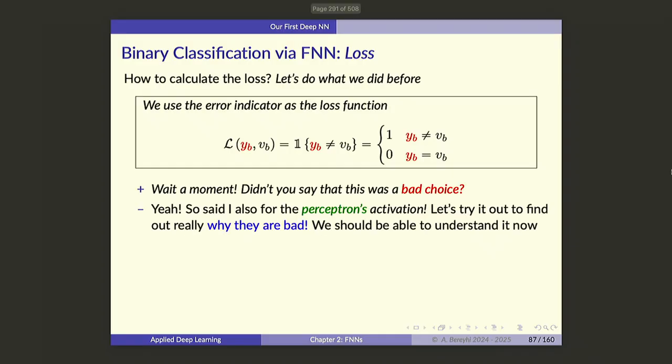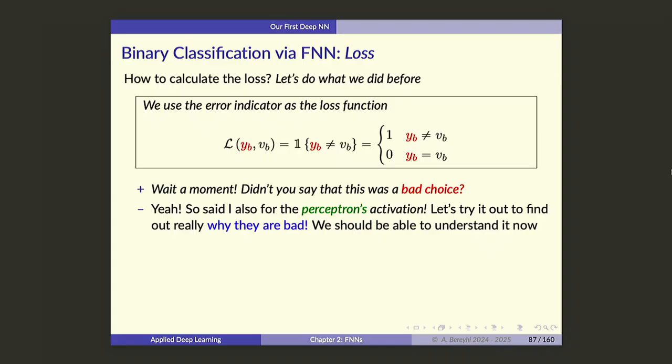So this is my activation. And once I have the activation, we can just do the forward pass and backward pass to compute the gradient and do the update, right? If you remember when we started with the perceptron machine, I told you that choosing this loss or choosing that step function for the last perceptron are bad choices, right? Everybody recalls that? OK.